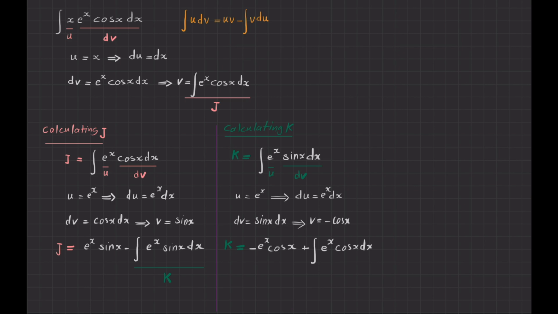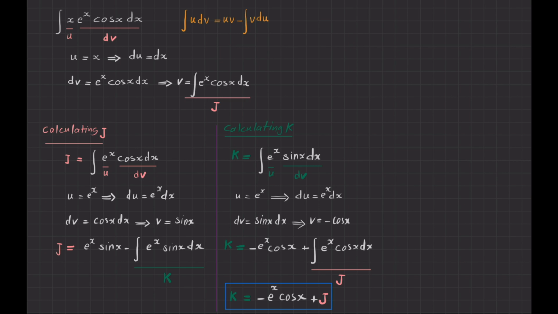But as you recognize what is happening, this integral is again J. So instead of that one, I can write J. And what do I get? I get K is equal to this plus J.